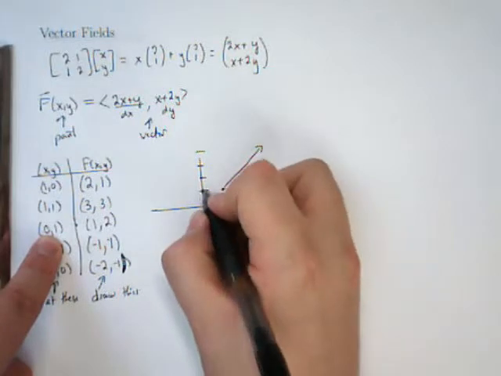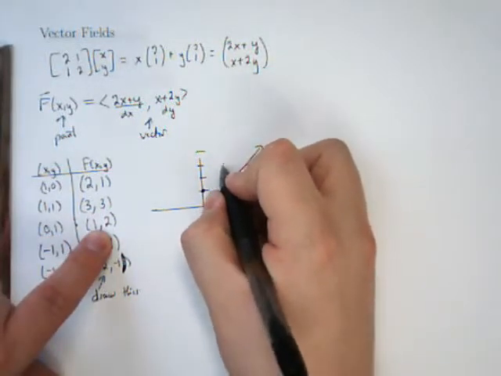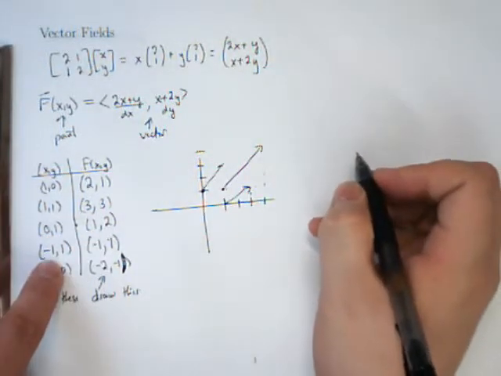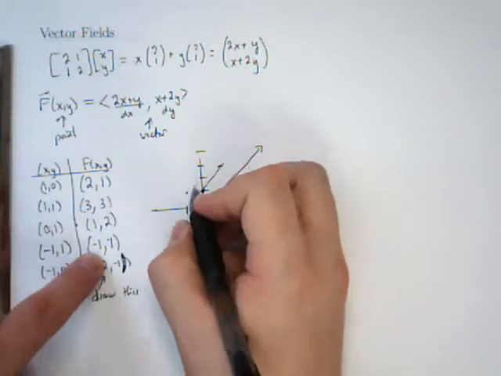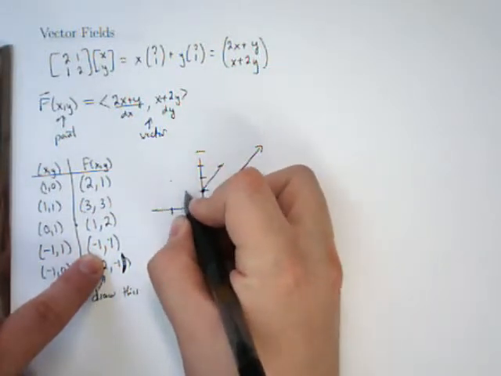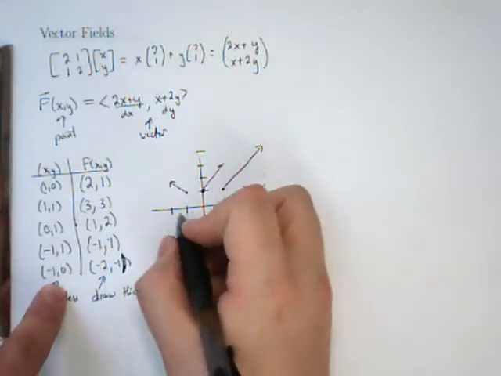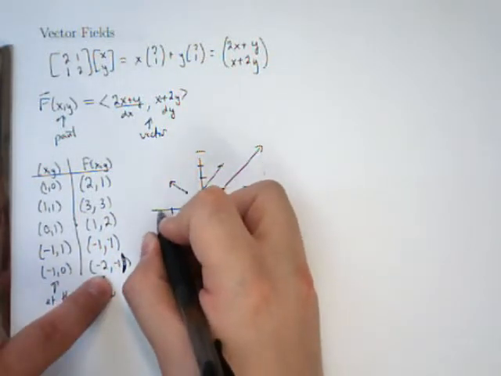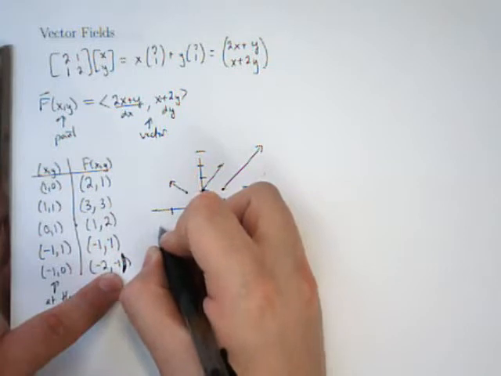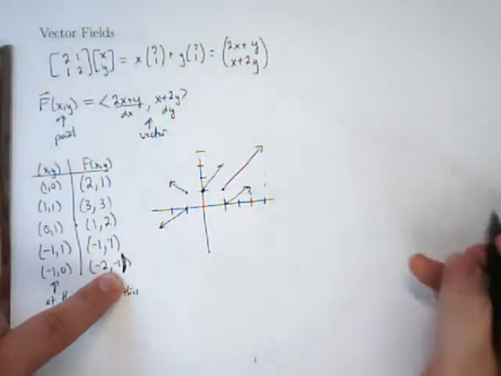At the point (0, 1), I'm going to draw a vector which goes right 1, up 2. At the point (-1, 1), I'm going to draw a vector which goes left 1, up 1. At the point (-1, 0), I'll go left 2, down 1. And we can keep on drawing.